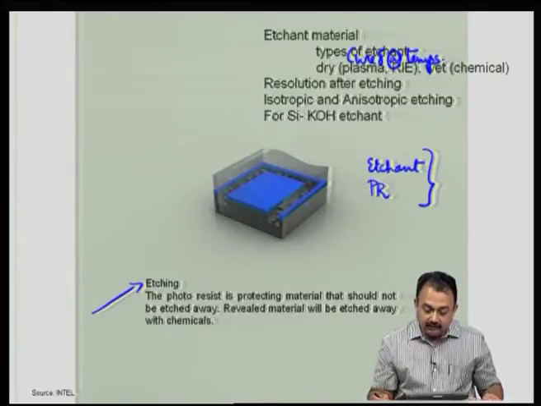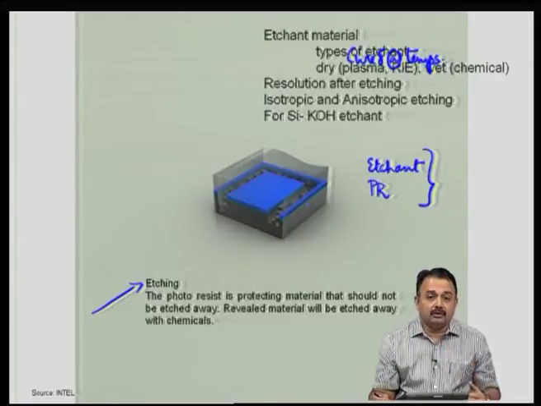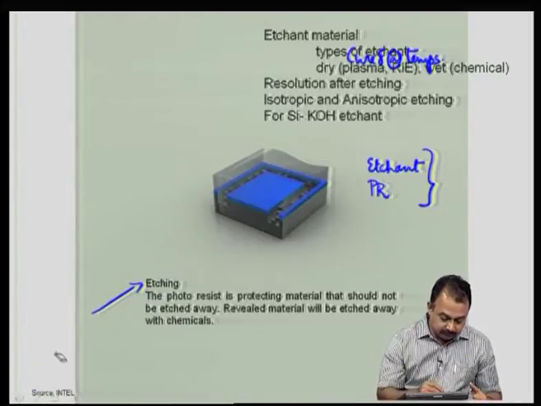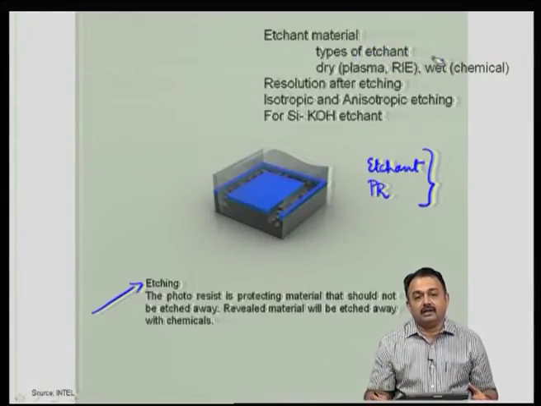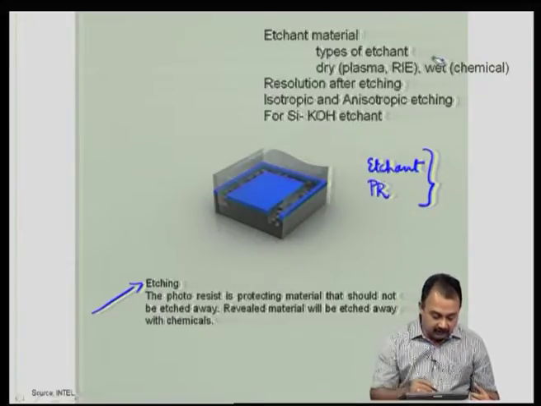Now, if you look at the etchant material, there are different types of etchants. You can also do dry etching, which is basically plasma etching or reactive ion etching.